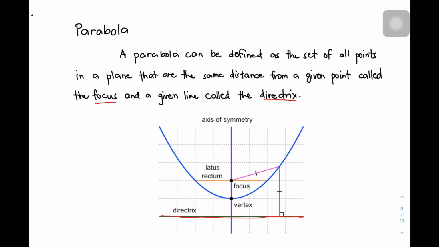At the same time, the latus rectum is perpendicular to your axis of symmetry. Ito naman yung ating latus rectum. Ito yung ating axis of symmetry. Later on, explain natin ano yung ibig sabihin ng axis of symmetry. And then, yung dalawa dito, this is your latus rectum. Meron siya tinatawag ditong endpoints of the latus rectum.